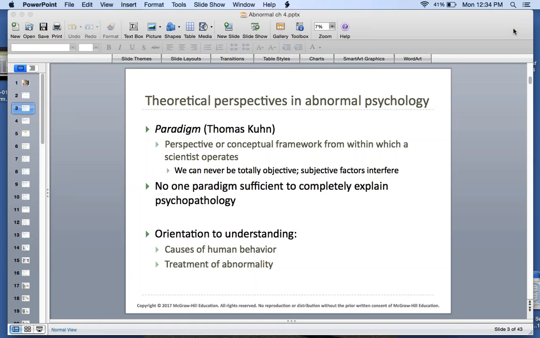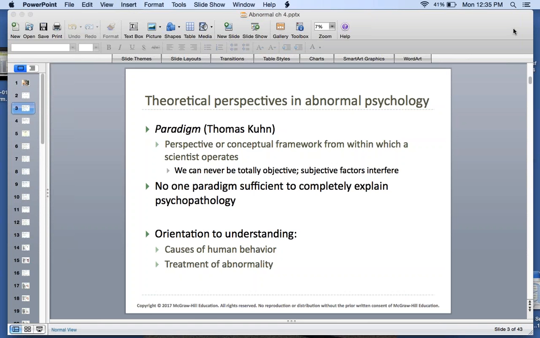And then as time goes on, maybe as the next generation comes along, there may be a paradigm shift where we now see something differently. Maybe we say, well, we've progressed in our feelings about this and we've had a paradigm shift.